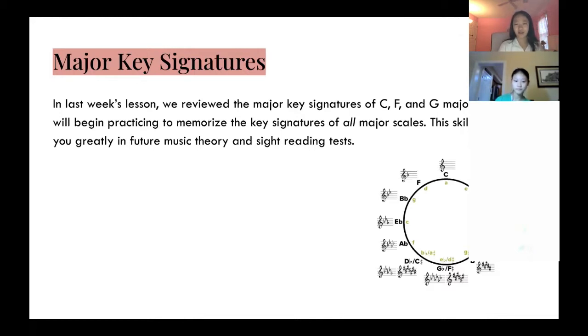That includes all the sharps and all the flats, and this skill will help you greatly in future music theory and sight reading tests. This is a picture of the circle of fifths. It tells you the order of scales in terms of how many sharps or flats they have. We're not going to learn it this year because this is level 5, but if you want to do any future research, you can always search that up.